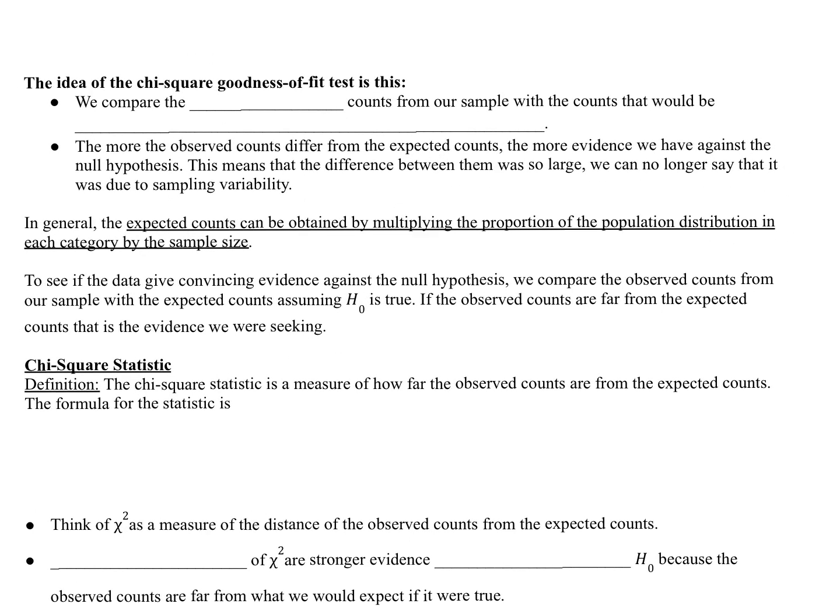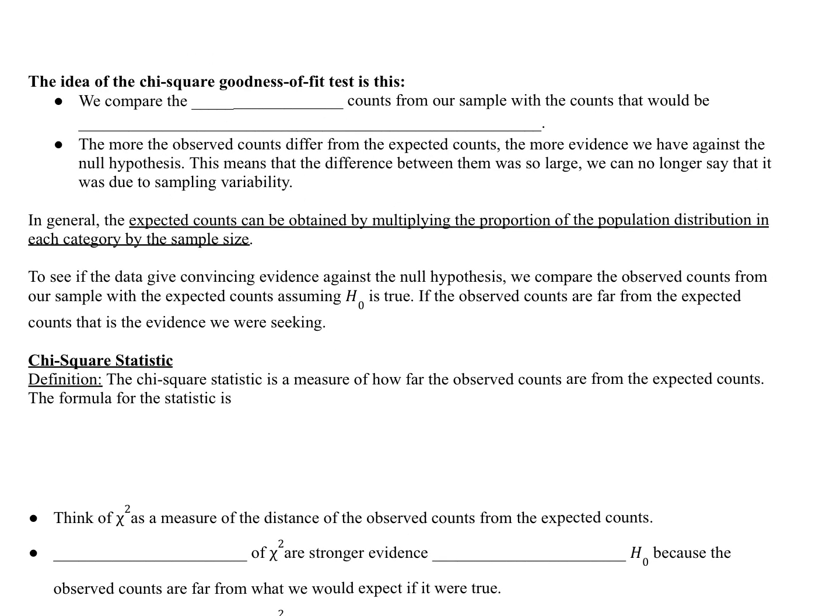When we are running a chi-square goodness of fit test, we compare observed counts from our sample with counts that would be expected if the null hypothesis is true.